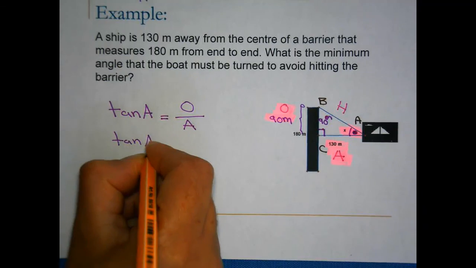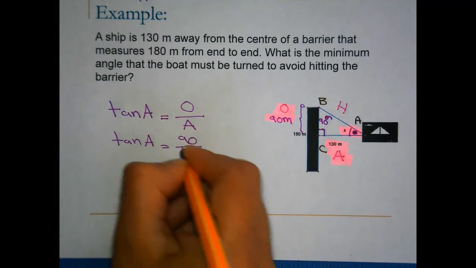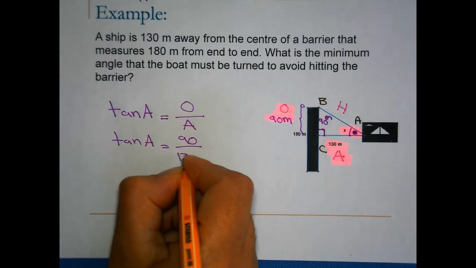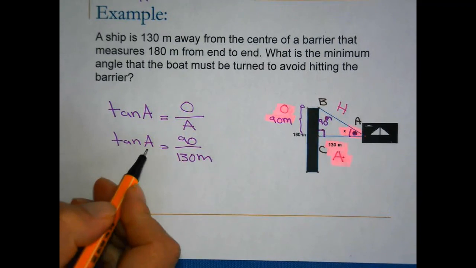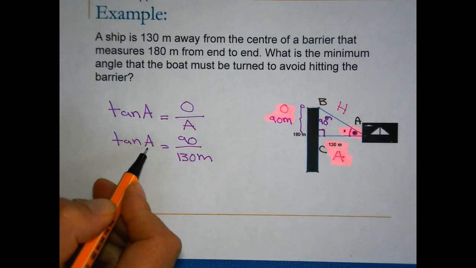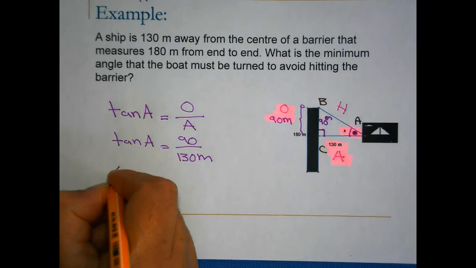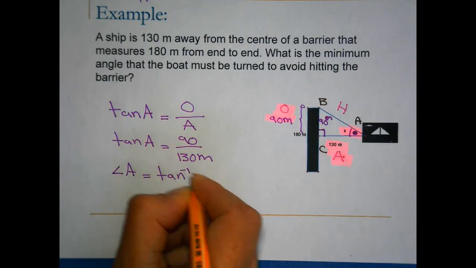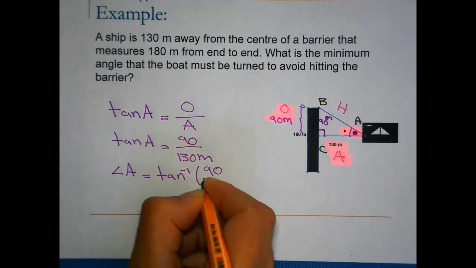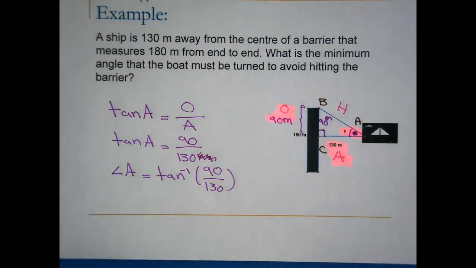Tan A equals opposite, which is 90 meters, over adjacent, which is 130 meters. Again, when you are trying to find an angle, you have to use the inverse trig. So angle A equals inverse tan of 90 over 130, and you don't need to put the meters here.